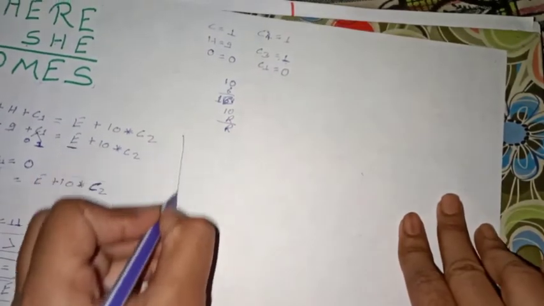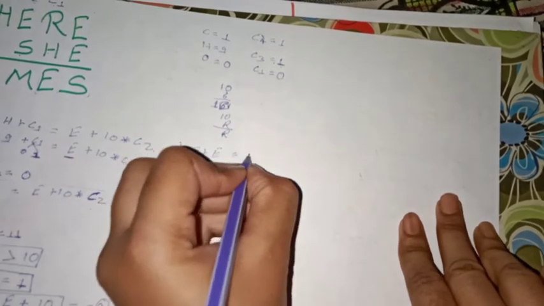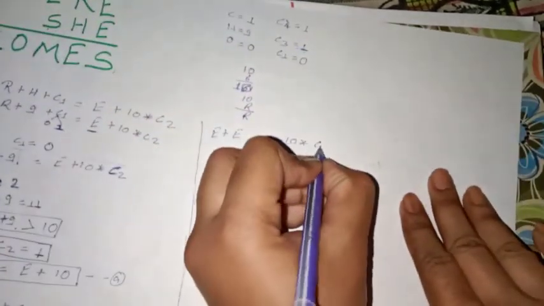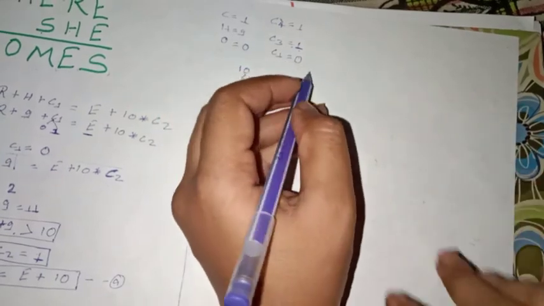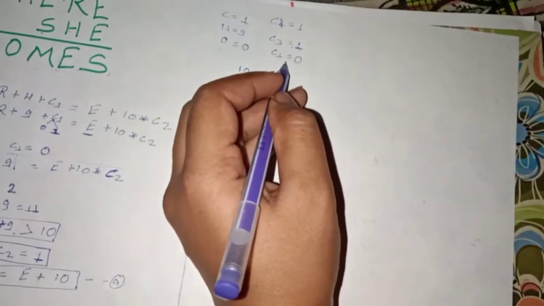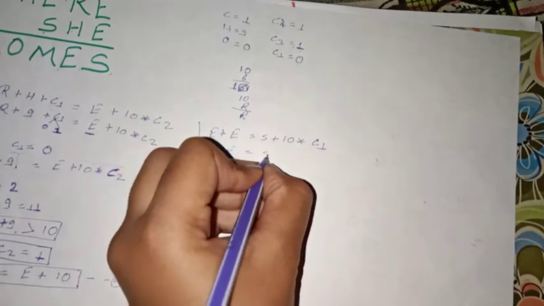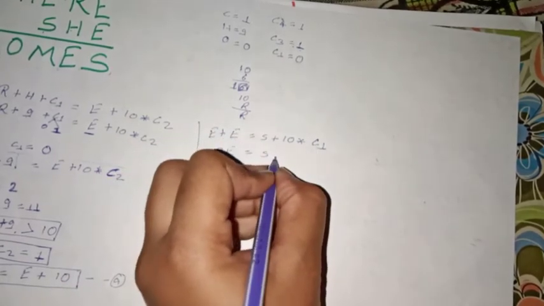an equation for this column. So here we write E plus E equal to S plus 10 into this carry, that is C1. We already found that the value of C1 is equal to 0. So here we write 2E is equal to S plus 10 into 0, that is 0.